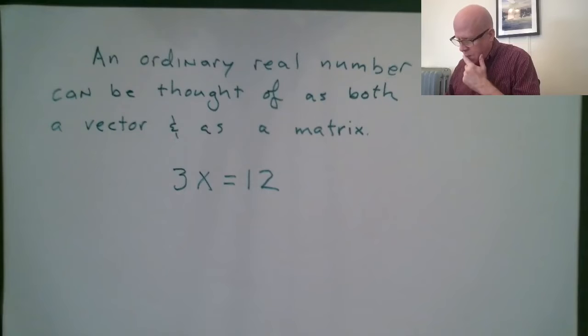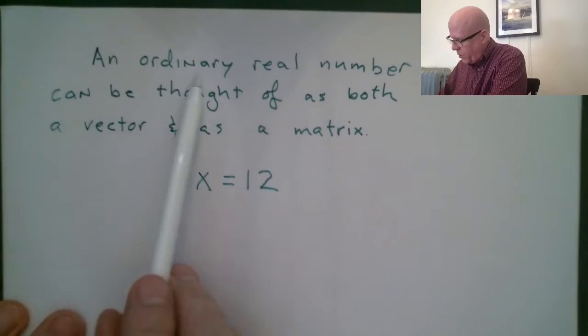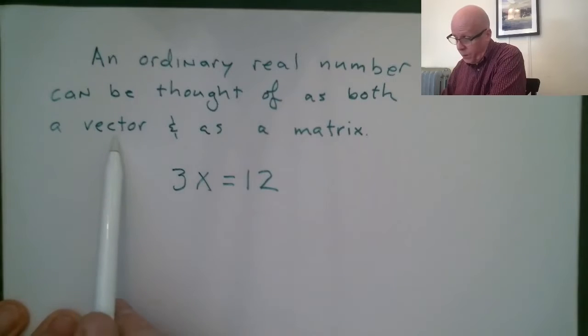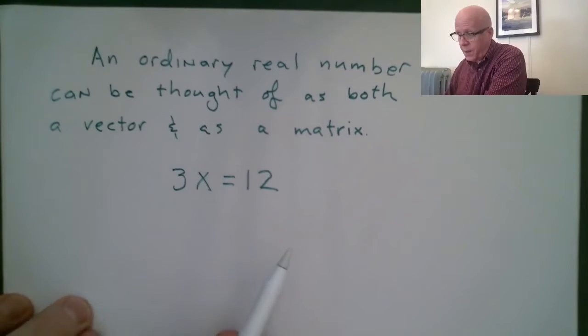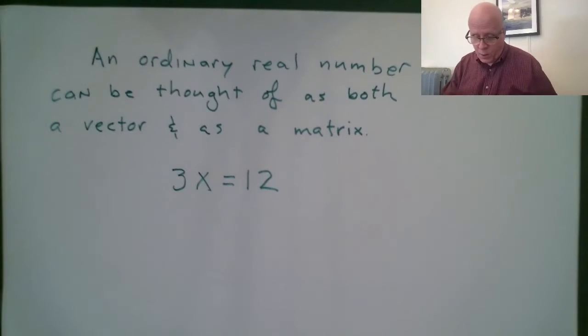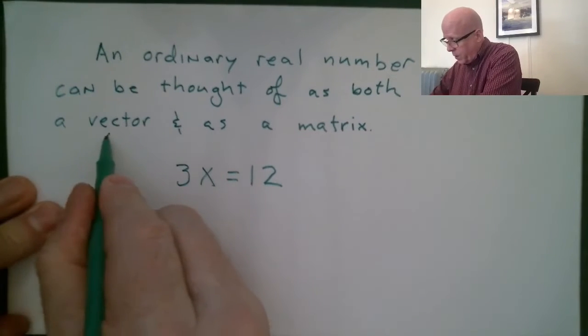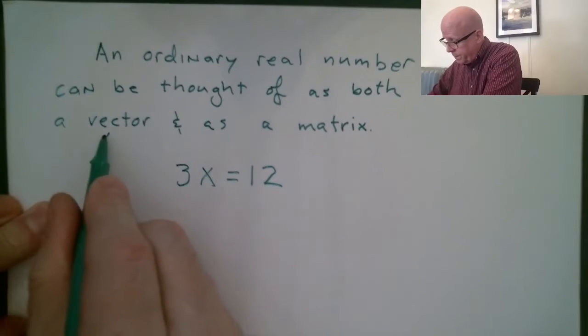Now I'm going to make a slightly strange and almost pedantic point here, but I want you to realize that an ordinary real number can be thought of in these terms. You can think of it either as a vector or as a matrix, and the context will make it clear. If you think of it as a vector, what you're talking about is a column with one entry.